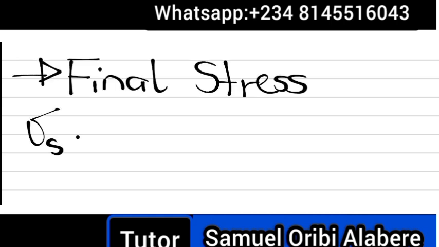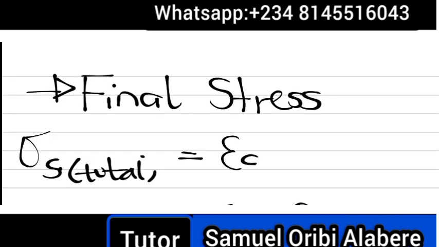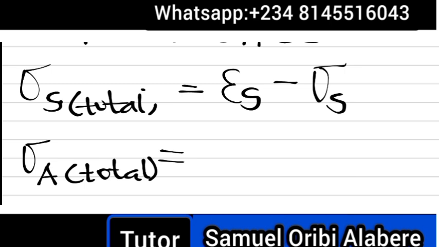The final stress for the steel bar, which is S total, will be equal to the symbol that we got in this video minus the stress of the steel bar that we got in our previous video. For the total or final stress in the aluminium, it will be equal to the stress that we got in this video minus the previous stress that we got from our previous video.